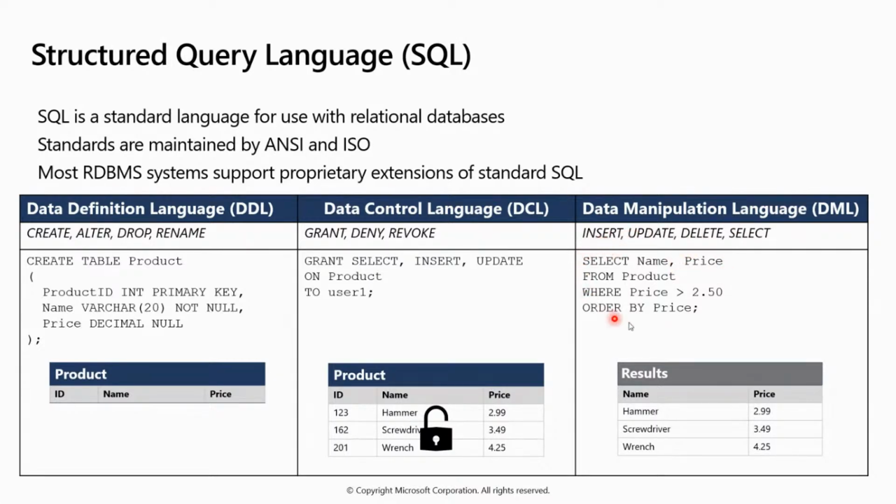Here the example shows, in a nutshell, fetching data: I want to get the products whose price is more than 2.5. Considering INR, that is 2 rupees 50 paise. As per this product table, the results are hammer, screwdriver, and wrench, which have a price of more than 2.5.